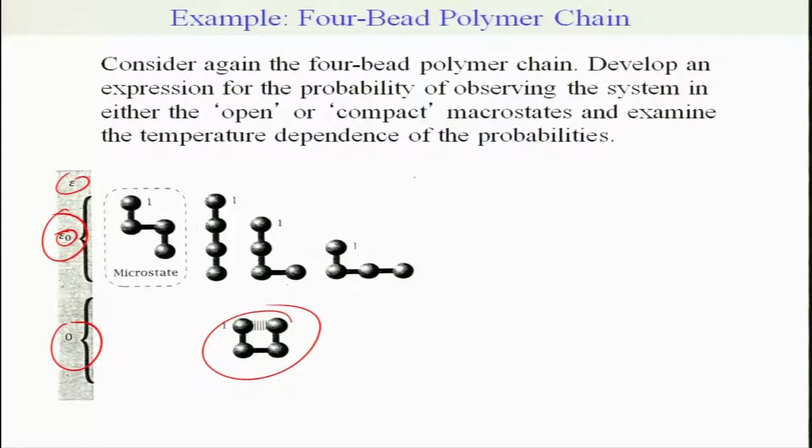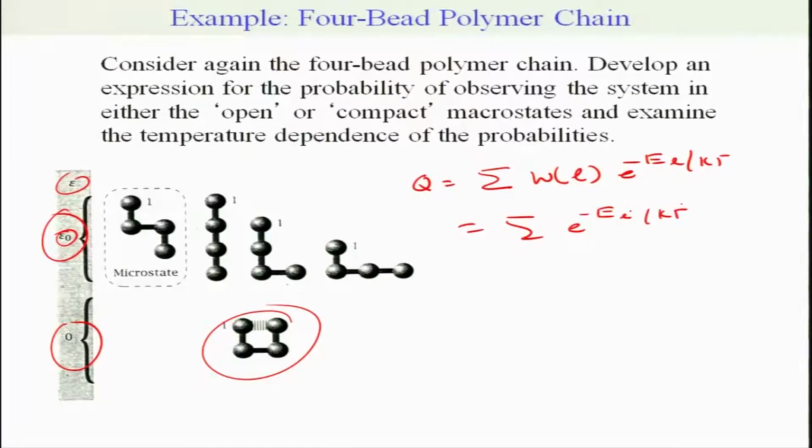So, we can consider first the partition function. So, what is the partition function? The partition function is basically the sum over all possible energy levels of W times e to the power minus E L by k T, or I can write it over all microstates.